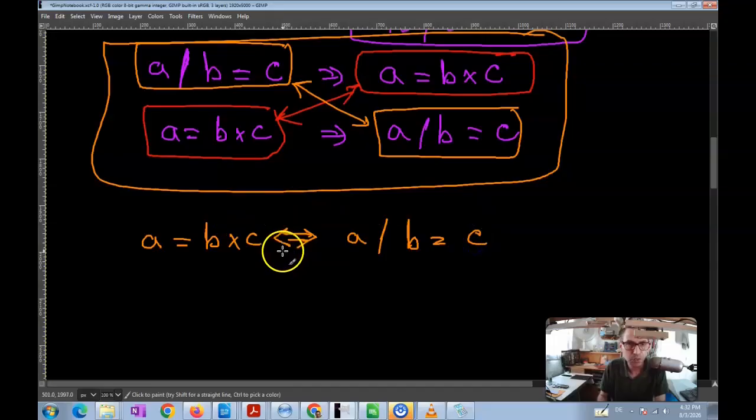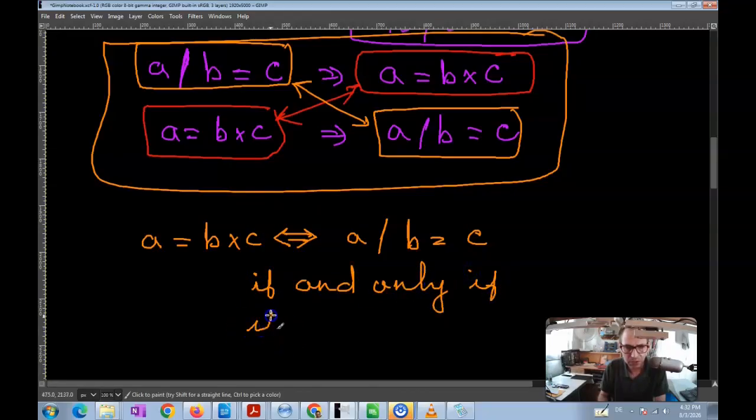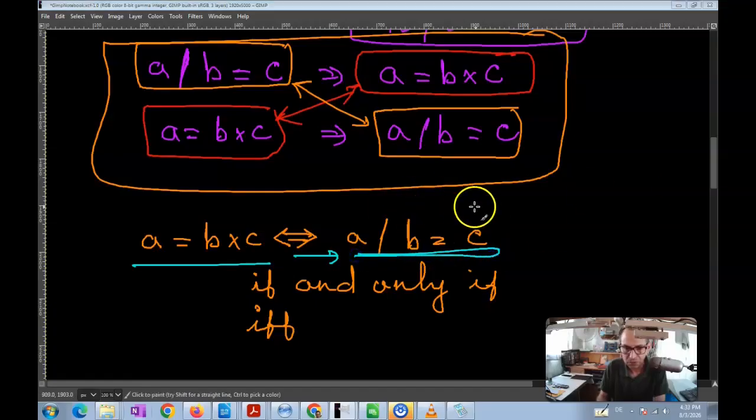This is called two-way implication, and in mathematics you would read that as "if and only if," or you could write it as iff, meaning it's a two-way implication, not a one-way implication. So what this means is that this side implies this side, and also this side implies this side.